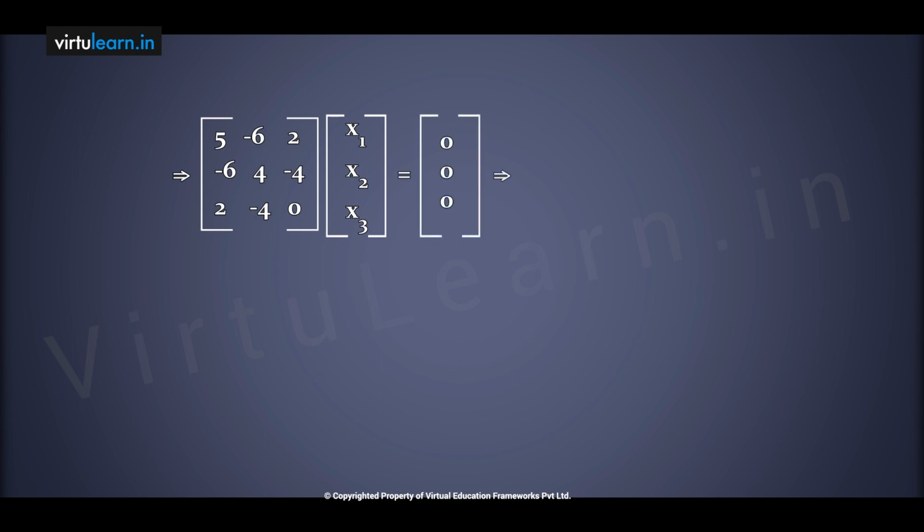Now you multiply these two matrices, first matrix and second matrix: first row, first column, second row, second column, third row, third column. Now you multiply. First row, first column: 5x1 minus 6x2 plus 2x3 equals 0. Minus 6x1 plus 4x2 minus 4x3 equals 0. 2x1 minus 4x2 plus 0 into x3 equals 0.